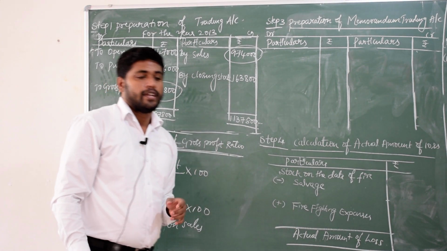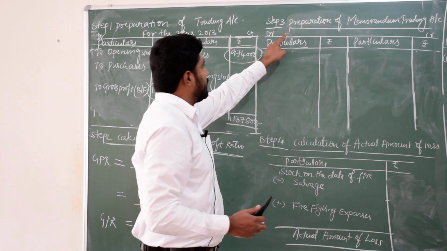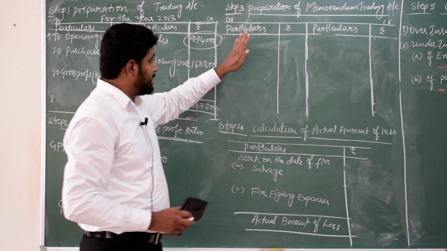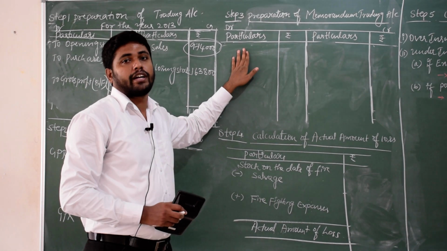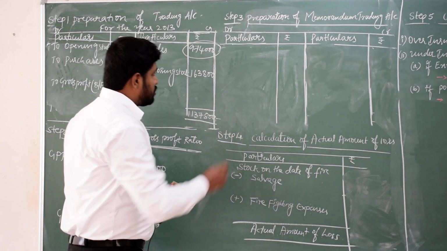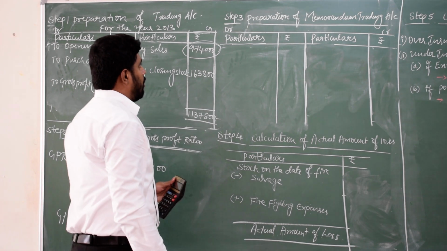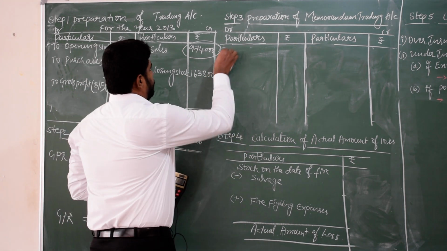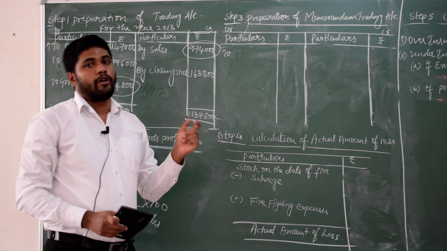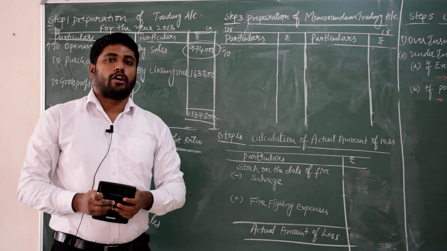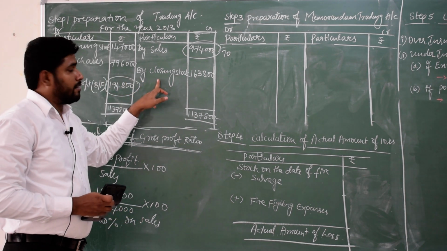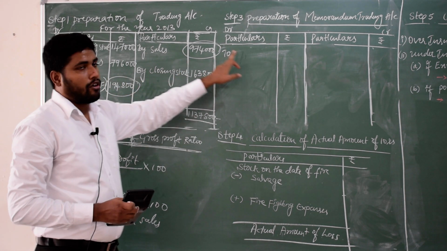Now move on to step number 3. The step number 3 is preparation of memorandum trading account, and this account is prepared from the beginning of the current year till the date of fire accident. So let's go through the format. First, here we need to record opening stock, but for memorandum trading account opening stock is not given, but the previous year closing stock will be taken as opening stock for next year.